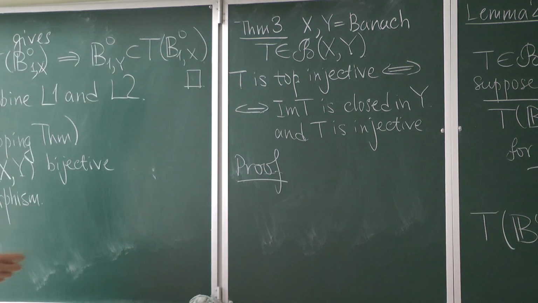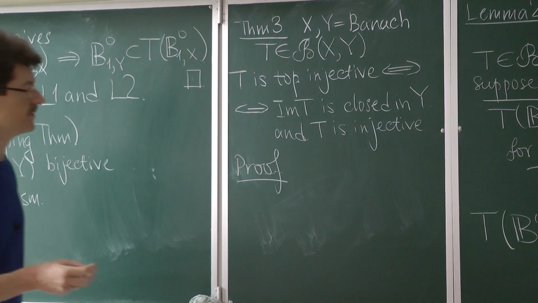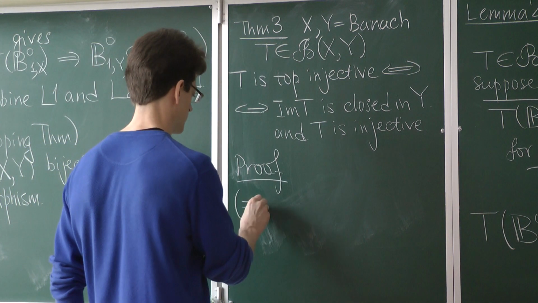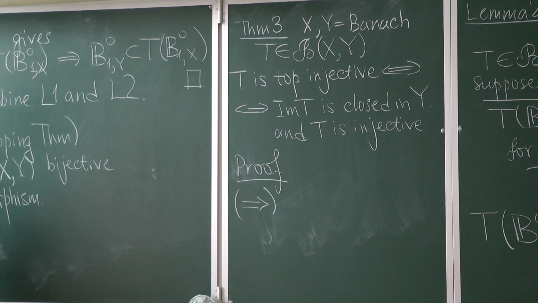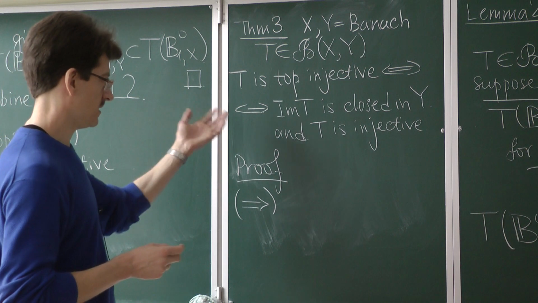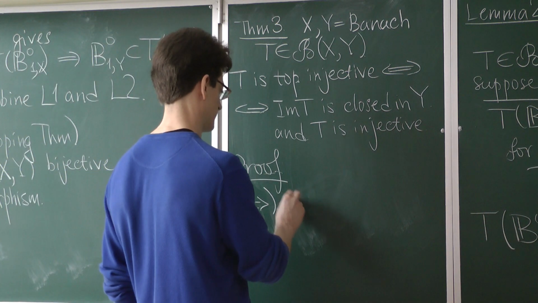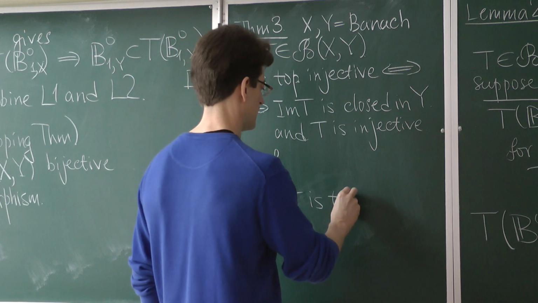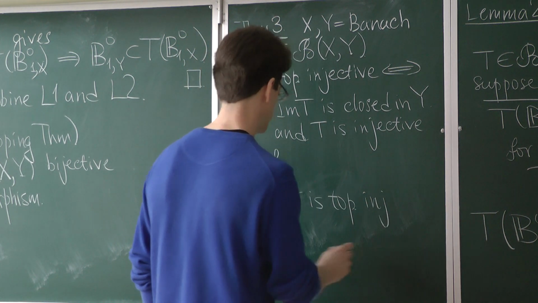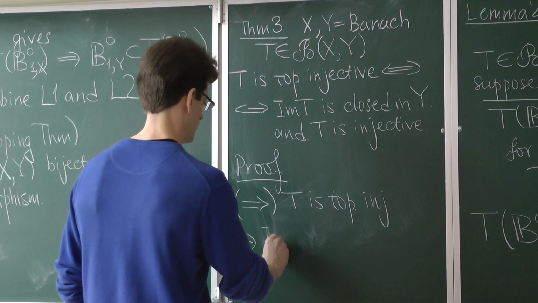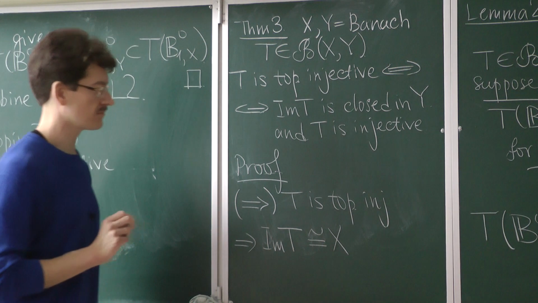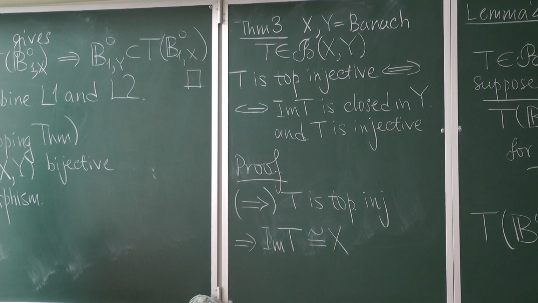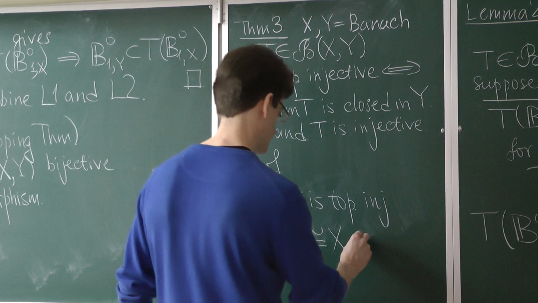Well, first of all, let's observe that the left to right implication is more or less obvious. And in fact, we have already used this implication at least twice. Indeed, if T is topologically injective, then the image of T is topologically isomorphic to X. Now X is complete, so the image of T is also complete.